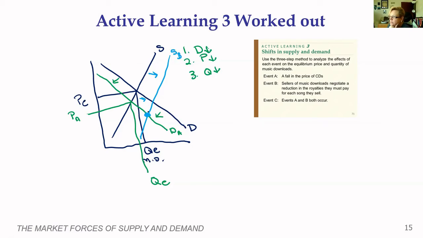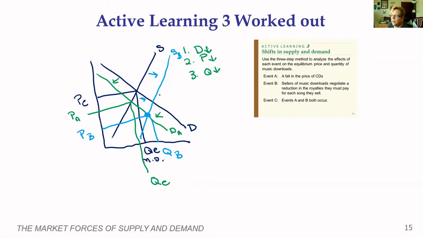It's going to be here: price B, quantity B.